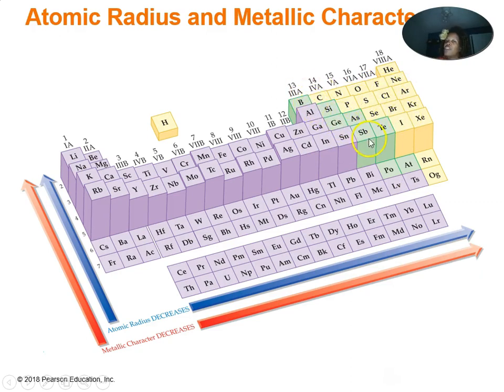The green portion is your staircase. Those are your metalloids, so they have characteristic traits of both metals and non-metals. This section here, which is purple, my favorite color by the way, those are your metals. Now, as you go from the bottom to the top, the metallic characteristic trait increases as well as the atomic radius, okay?